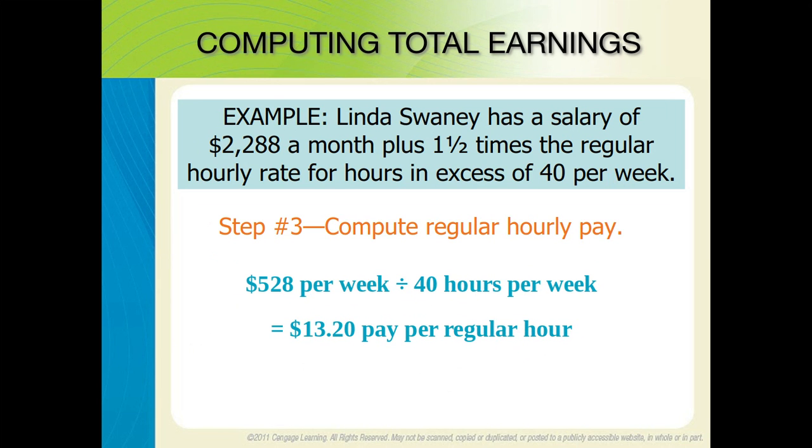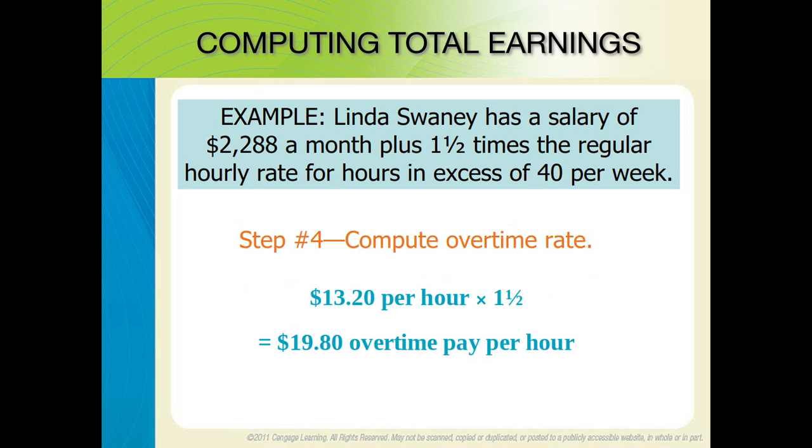Now that we know what she makes weekly, we can divide that by 40 hours per week, because that's on average what a full-time work week is. We find that she gets paid a regular hourly rate of $13.20. Now, because we know her hourly rate, we can figure out her overtime rate. We take 13.2 times 1.5, and we get $19.80 overtime pay per hour.